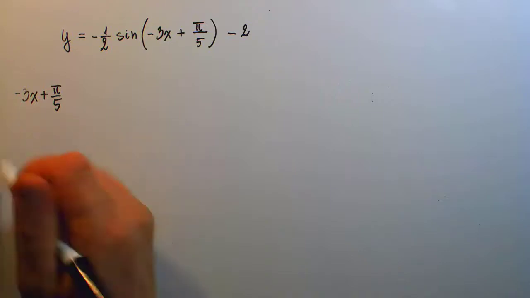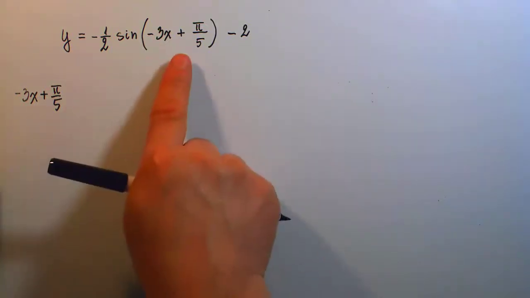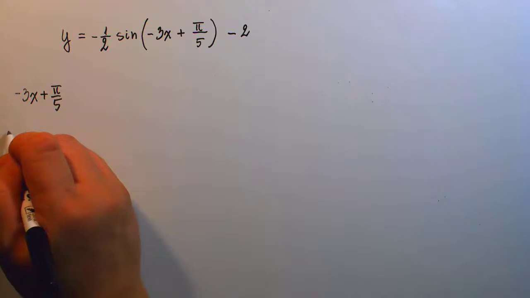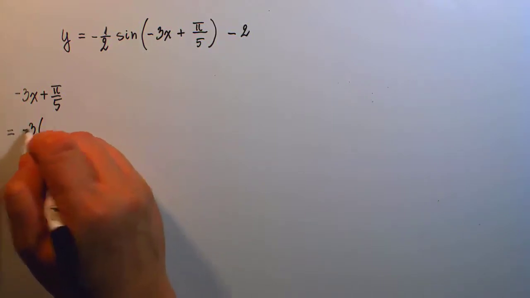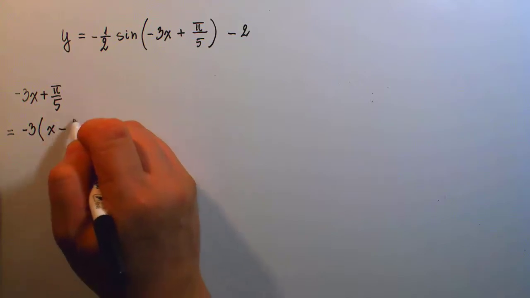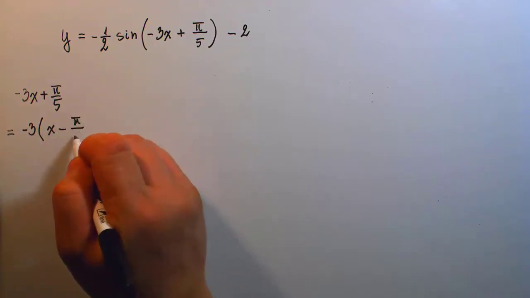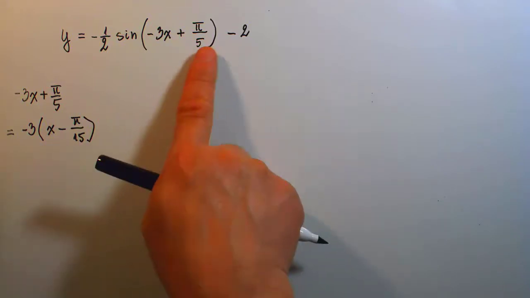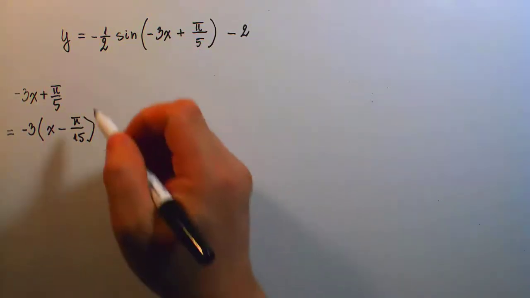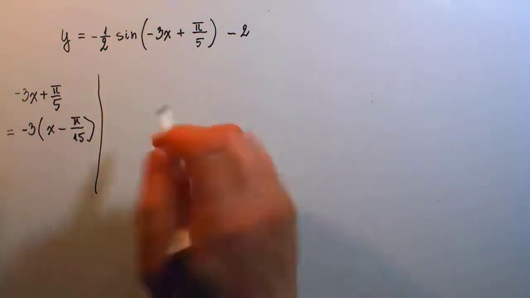And so my linear expression inside of the trig function now becomes minus 3 in parentheses, x minus pi over 15. Once we make the complete factor of our linear expression inside of the trig function, this is what the trig function is going to become.